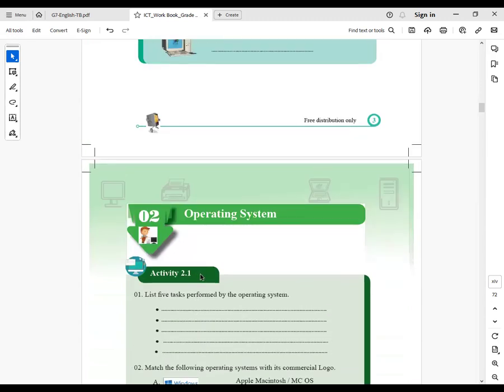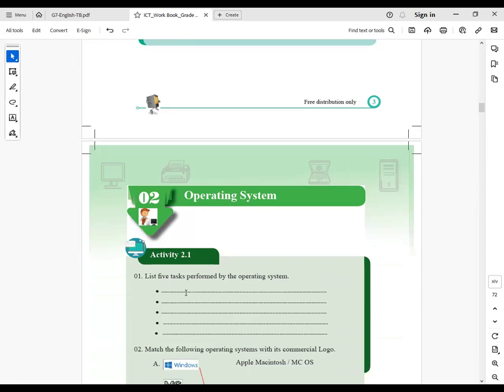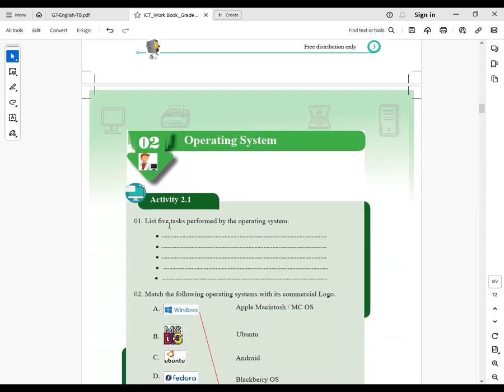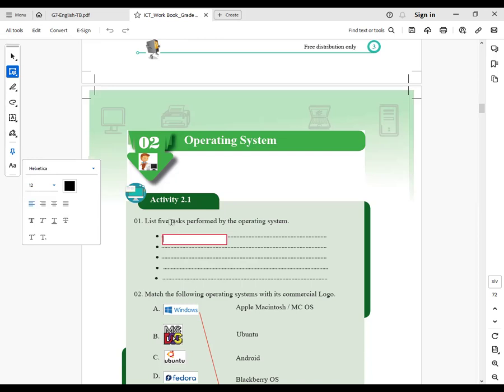Then we are moving to operating system. List 5 tasks performed by the operating system. Give me 5 tasks. First one, manages the hardware.